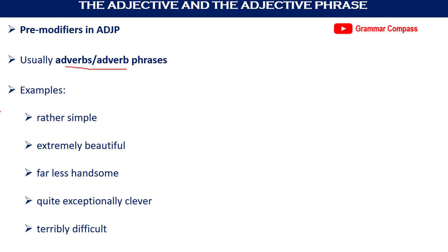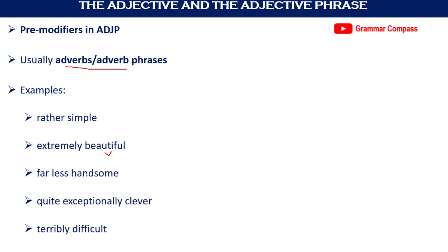For example, rather simple. Here, the adverb rather is modifying the adjective head simple. Extremely beautiful. This is an adjective phrase with the head word beautiful, and extremely is an adverb that is modifying beautiful.